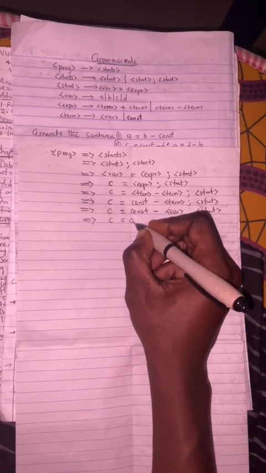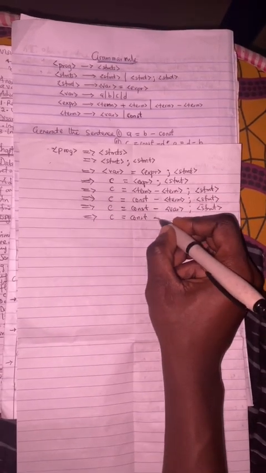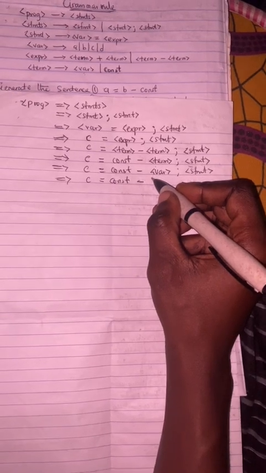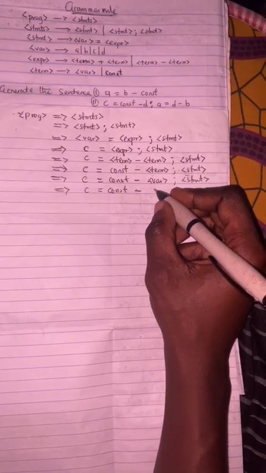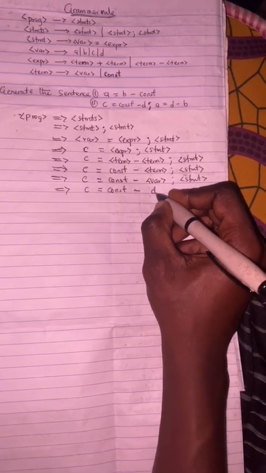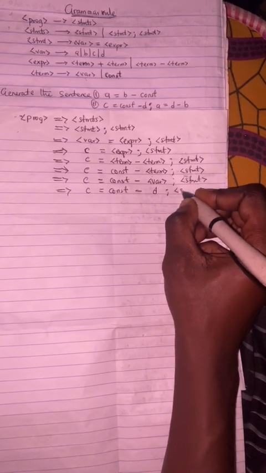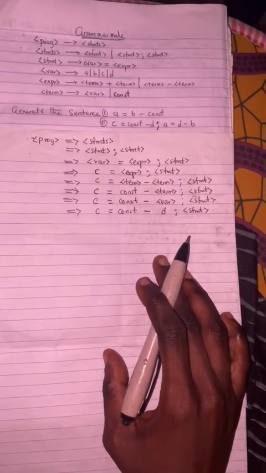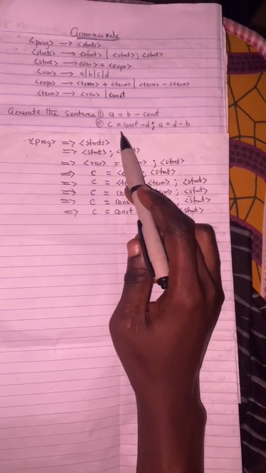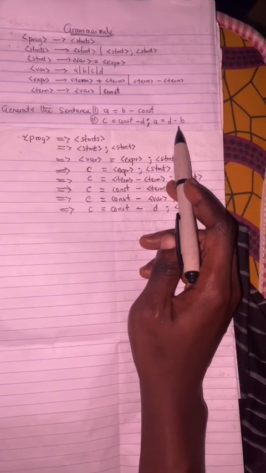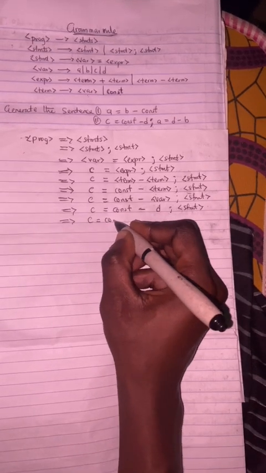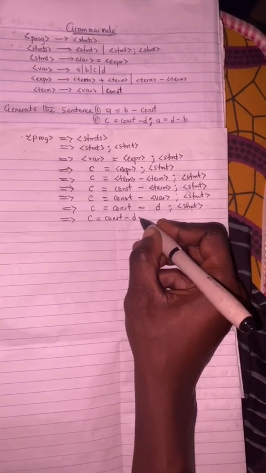C equals to const minus D now, then statement. So we are done with the first part. You can see that our sentence is coming out gradually before we start up with the next part, right? So we have C equals to const minus D, then semicolon.